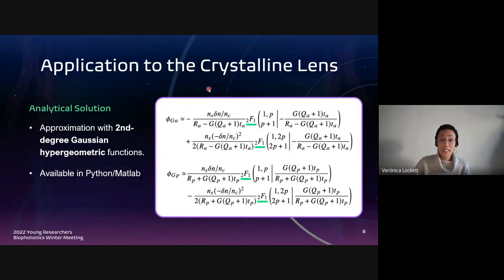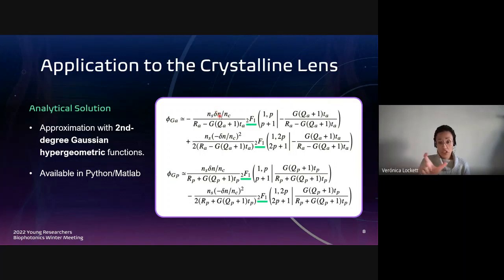Then we also found an analytical solution for our formulation, for the GRIN Q formulation. It's useful because it's in terms of second-degree Gaussian and hypergeometrics, and these are both available in free and licensed products. So it's this part here. This is n surface.